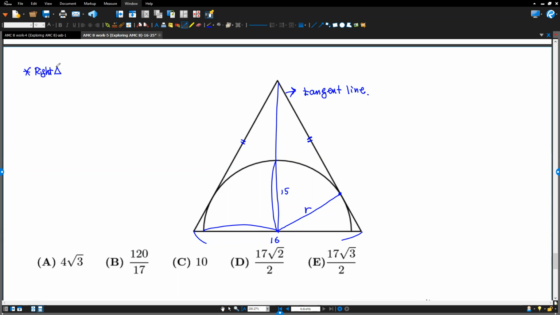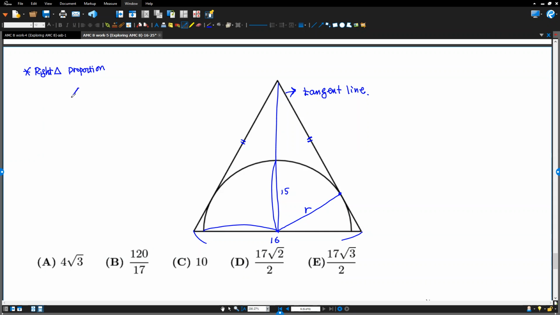Yeah, we can use the Pythagorean theorem. Excellent. This is one of the right triangle proportions, but I'm going to give you all the formulas for your future AMC preparation.